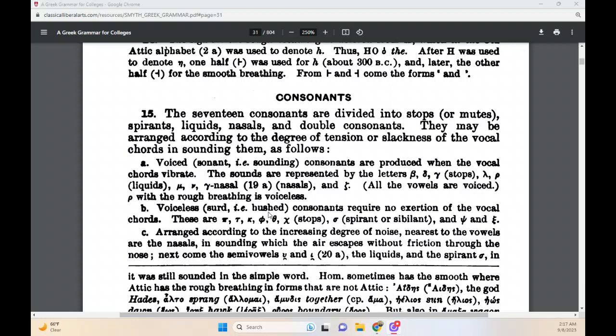So the voice is not used when making the sounds of these consonants. Voiceless consonants require no exertion of the vocal cords. In other words, when you pronounce these consonants correctly, you'll notice that your vocal cords do not vibrate. So it may take some practice to make the sound with no vibration.